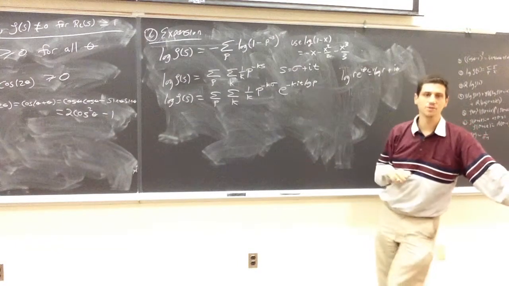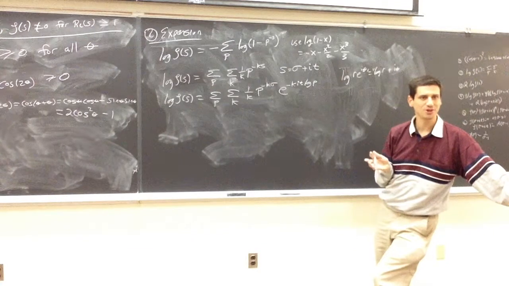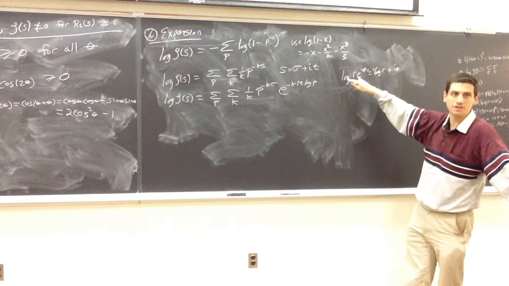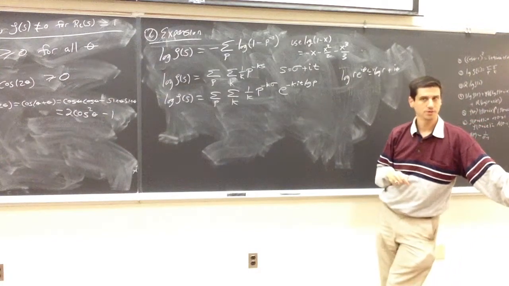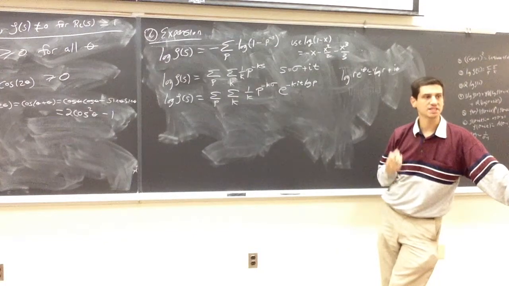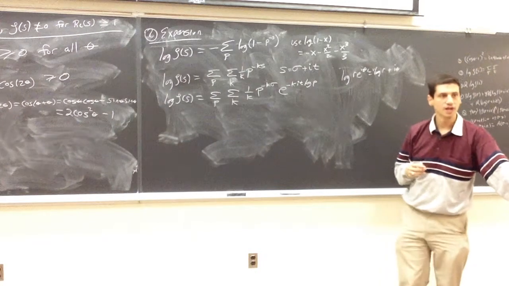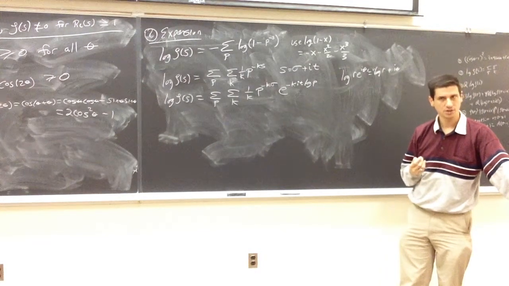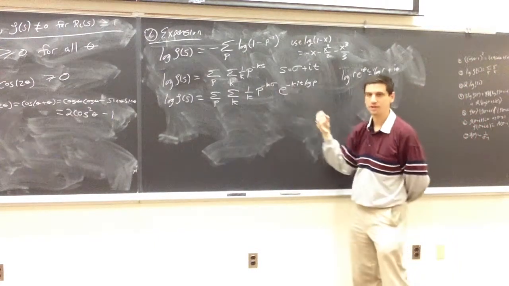If I've defined my logarithm the right way, if I'm in the right region, this is not a class that assumes complex analysis, so I'm not going to go into all the details. But you can see the real part of the log of this number is the log of r. It's the log of the magnitude. So the real part is what we care about if we want to study the size of the zeta function. And we're trying to show that the zeta function can't be 0 on the line. So it makes sense that we want to look at something controlling its magnitude.